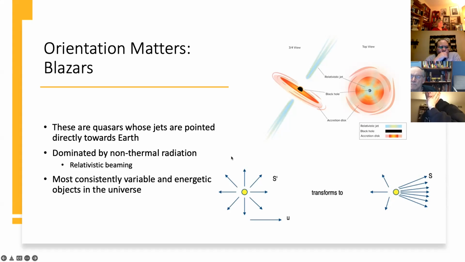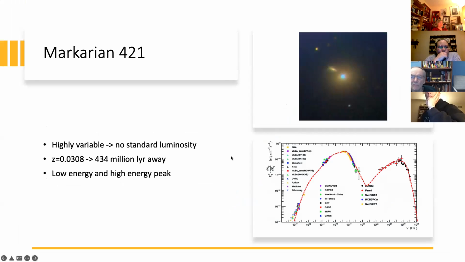So blazars are the most consistently variable and energetic objects in the universe. The one that I deal with in my research is Markarian 421. This is, I believe, the second closest blazar that we know of, but it is extremely bright.